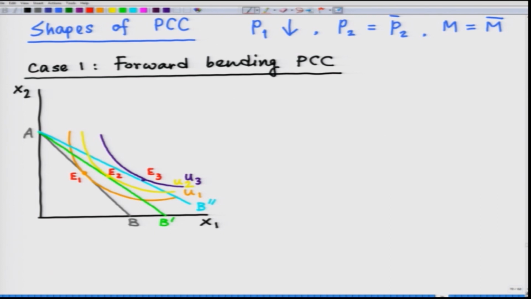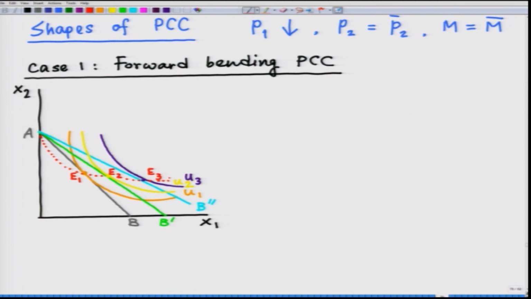So, now to have the price consumption curve, we know that we have to start from point A, we need to move downwards first, then we will join A with E 1 and then we need to join E 1 to E 2 and then E 2 to E 3 and so on so forth.